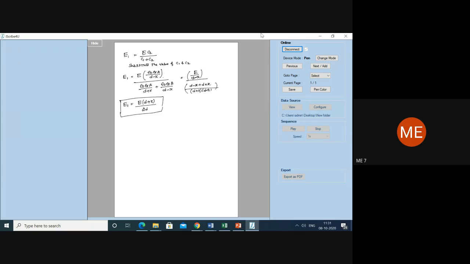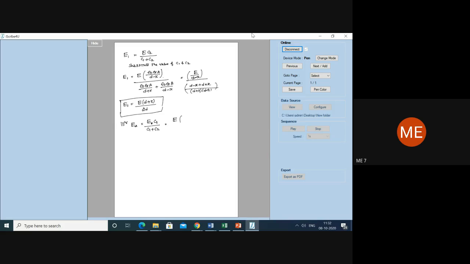Similarly, E2 is going to be due to the capacitance. E is the alternating voltage, so E1 is equal to E C2 divided by C1 plus C2, and E2 is equal to E C1 divided by C1 plus C2. Similarly, you just substitute directly.